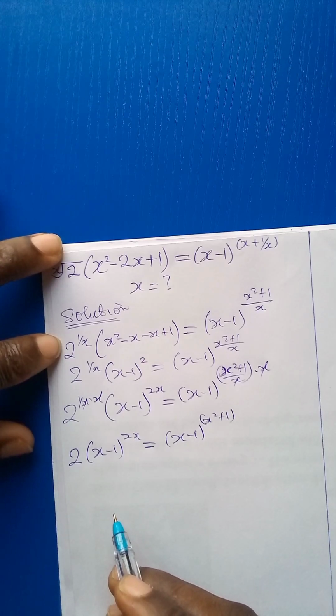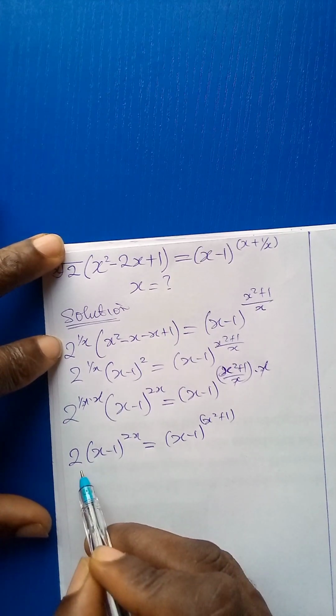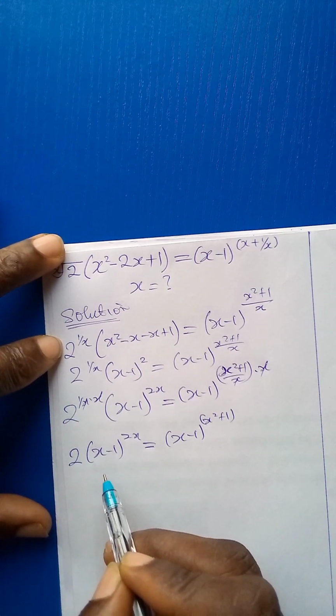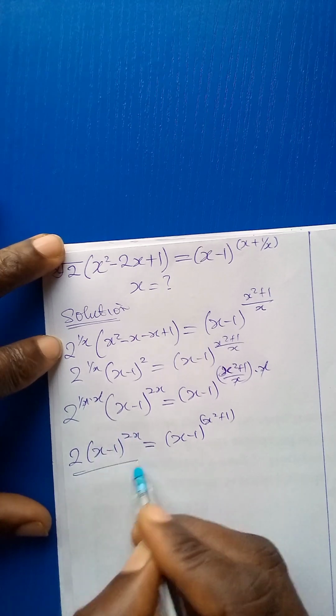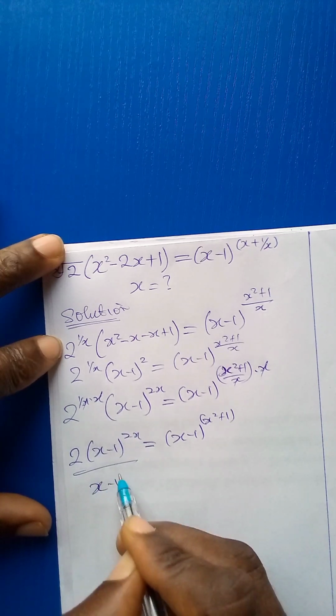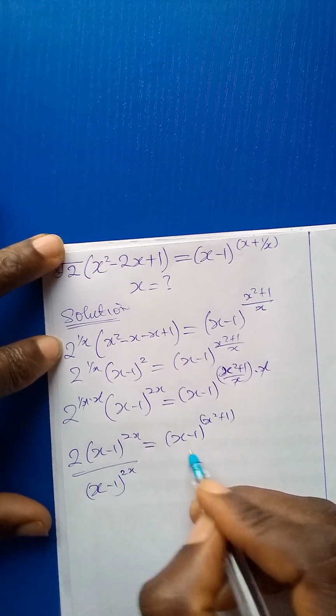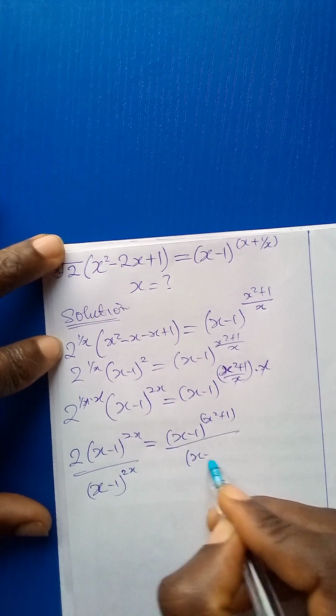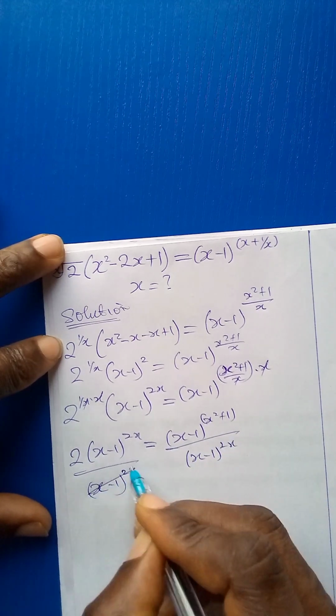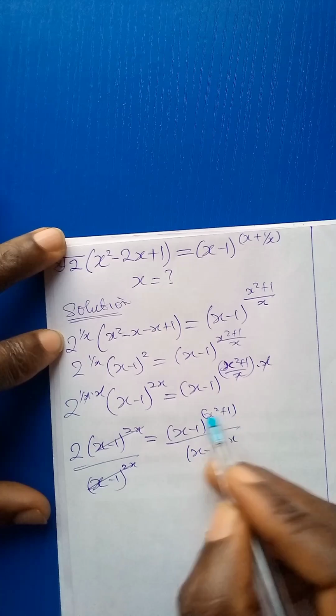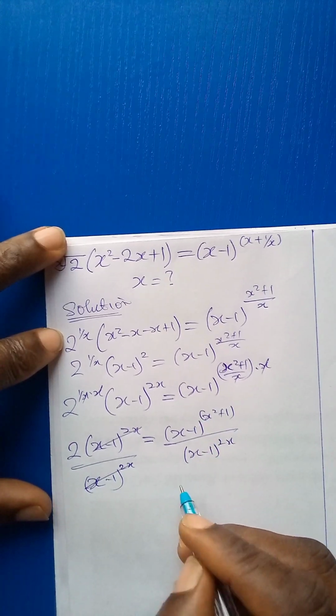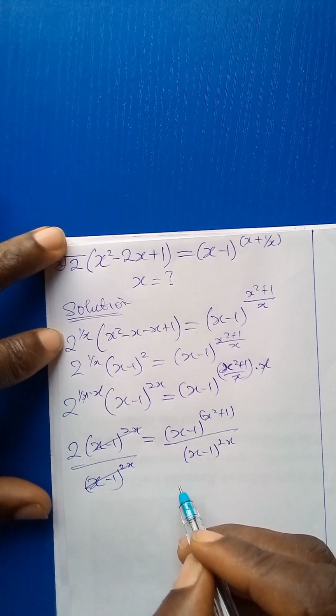What is the next thing that I will do? I am going to divide both sides of the equation by this. That is, I will divide by x minus 1 to the power 2x here, and also do the same thing here. This and this will cancel out, and in this part I'm going to apply the subtraction law of indices.